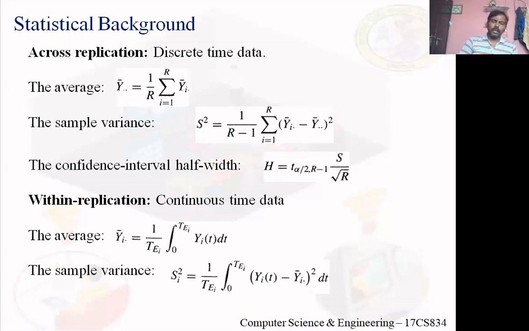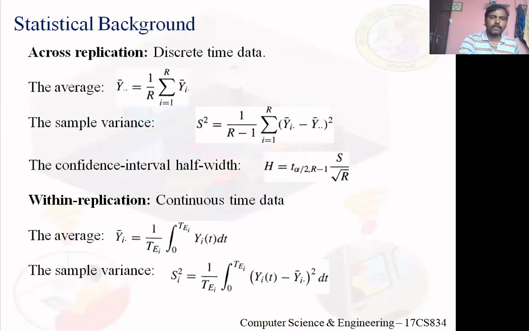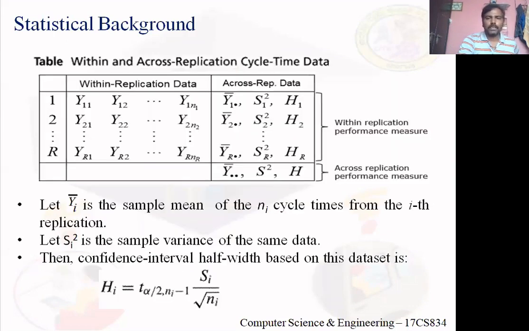Okay. Now, within replication, continuous time data. For that we'll look at this slide. Within replication, continuous time data. See here. Across replication, we call it discrete data because each replication is independent, right?